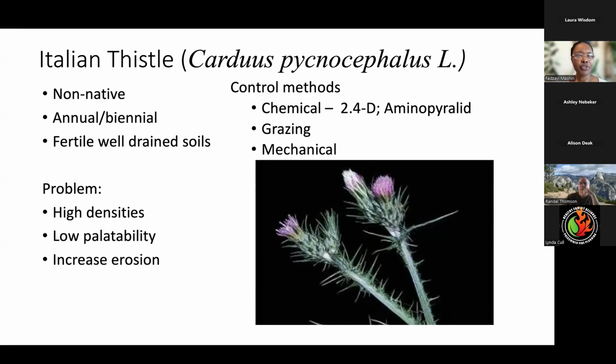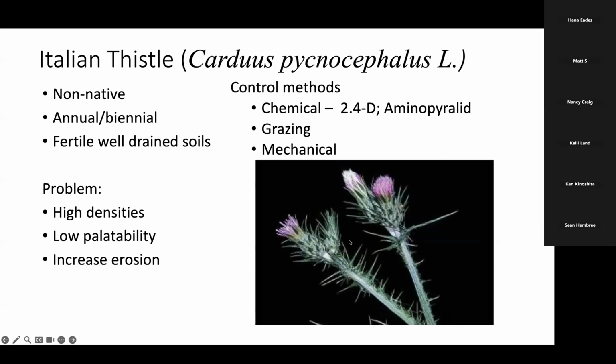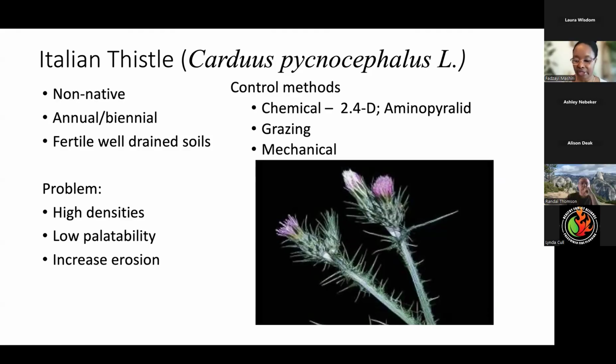They really thrive well in fertile, well-drained soils. And Italian thistle also really does well under trees, especially in areas that have been disturbed. And then the problem is that they produce high density populations or patches, low palatability, and also increase erosion. And you can use similar treatments like I described earlier for the other two thistles.